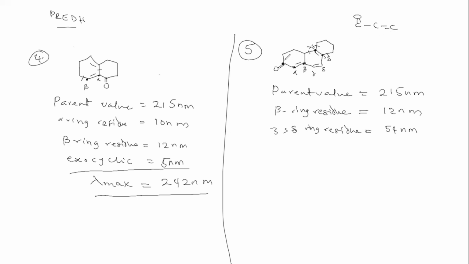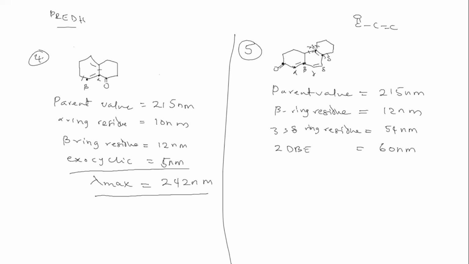So these are the parents. So any other carbon that is conjugated with them is an extension. So you have this one and you have this one. So that's double bond extension. So we have 2 double bond extensions, and that's going to be 2 times 30, and that's going to be 60 nanometers.